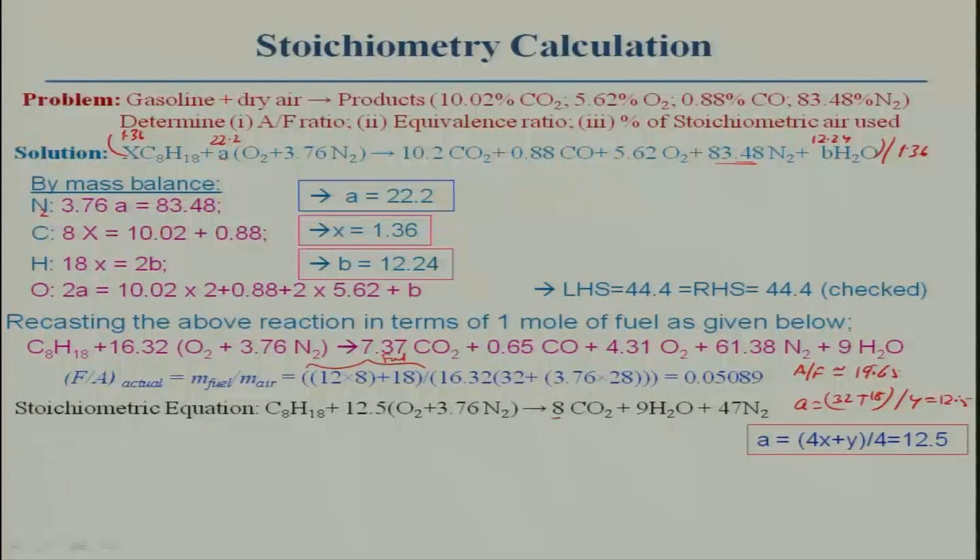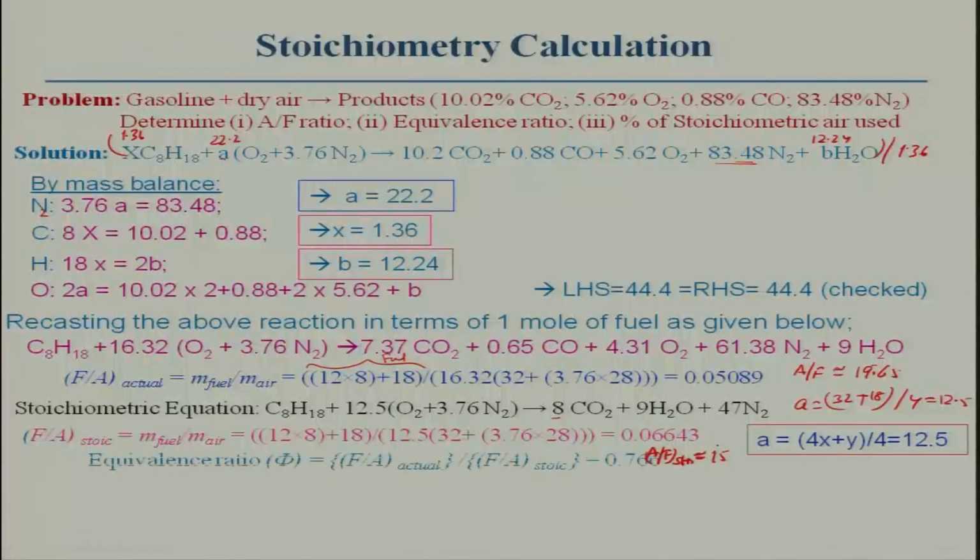Now, the fuel-air stoichiometry is basically m fuel divided by m air. You substitute all these values and you will find 0.06643. Now, in this case, what will be air by fuel stoichiometric? It will be approximately 15. Can you please check? So it is approximately 15, fine.